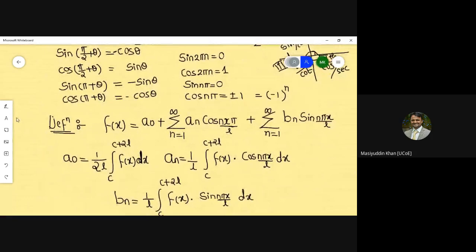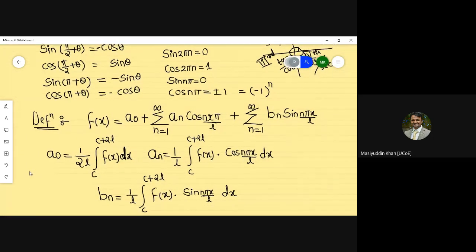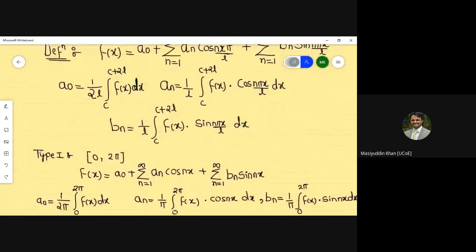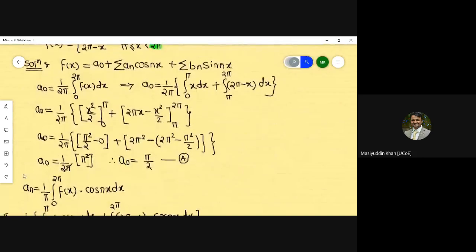Which concept? Sine 2 pi n is 0 and cos 2 pi n is 1. Sine n pi is 0, cos n pi is plus or minus 1. You should remember these standard values, so that it will be helpful for solving this kind of numerical.